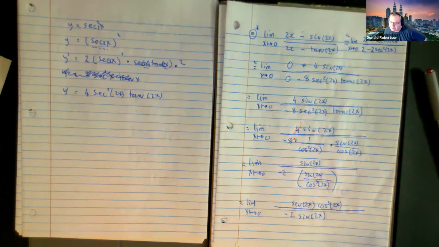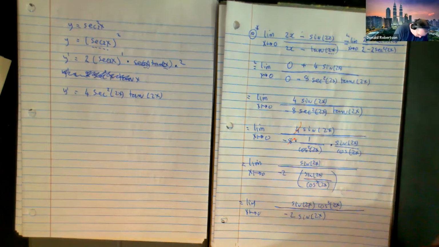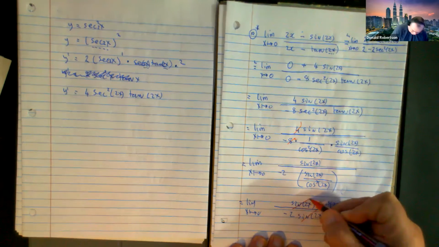So far, so good. So I've turned everything into sines and cosines. I've tried my darndest to get rid of fractions inside fractions. All I'm left with now is, oh, those two things cancel.